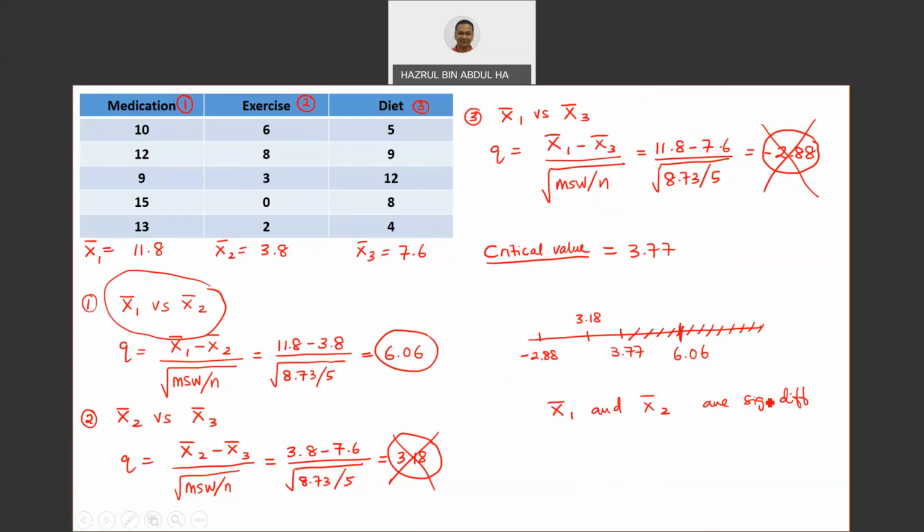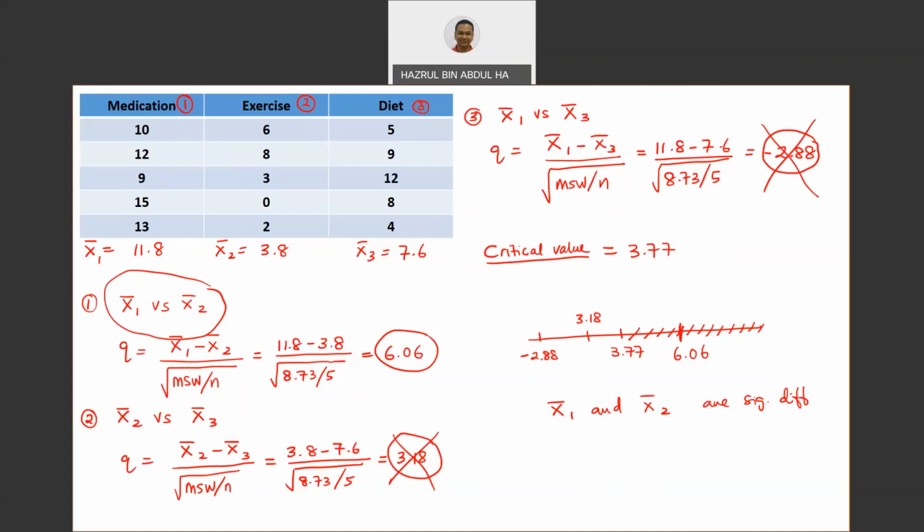The results are exactly the same. The conclusion is exactly the same as what we discussed in the Scheffe test, where we also found that x bar 1 and x bar 2 are significantly different.